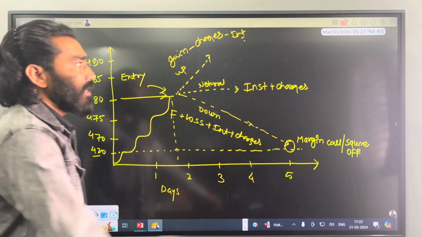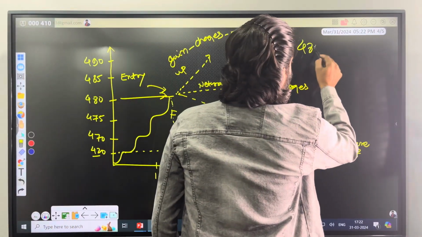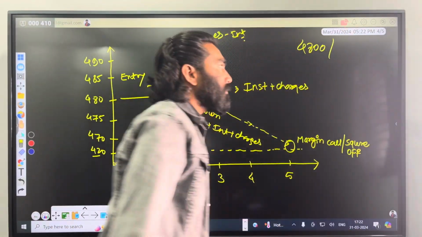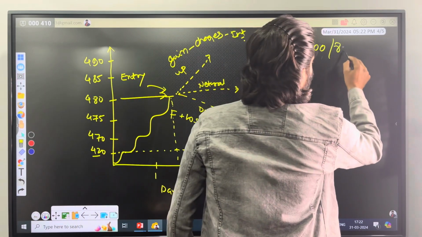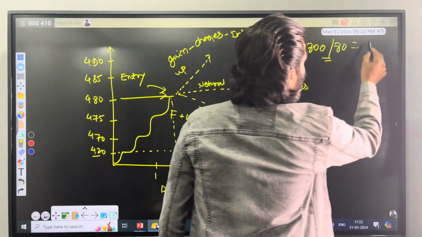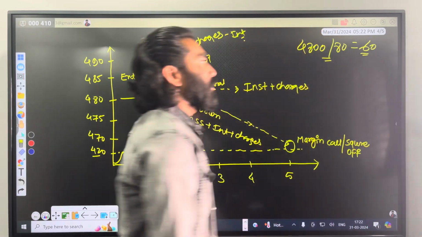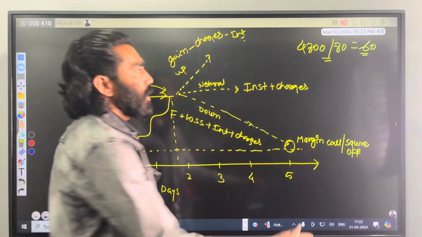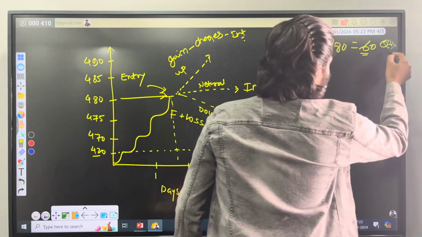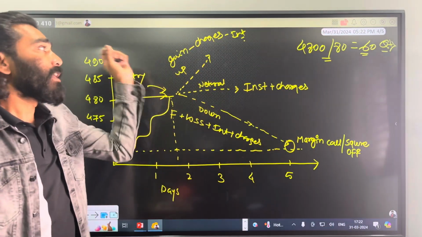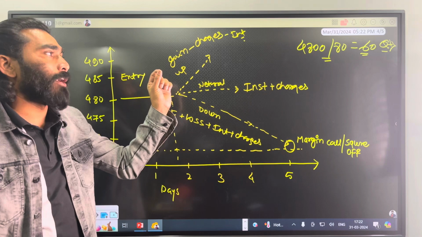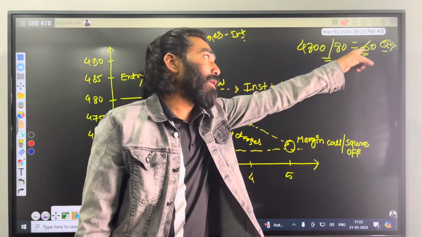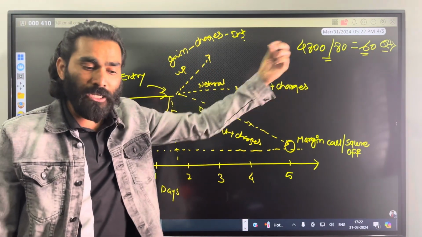So the assumption is you had 4,800 rupees divided by 80 margin which you are able to pay initially. So total quantities, let's say you have taken a position on 60 quantities in your account. Initially, as I said, through the cash part, you are only able to buy 10 quantities, but through margin, now you have multiplied your quantities or purchasing power.